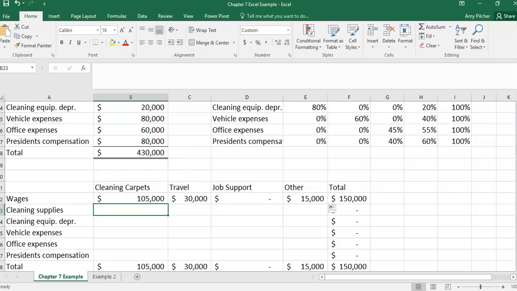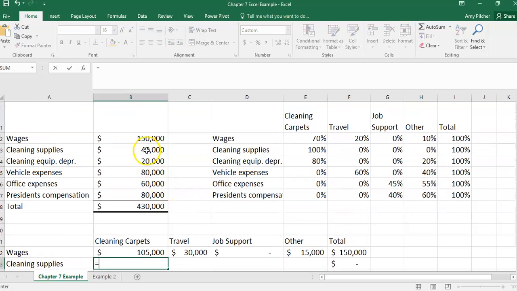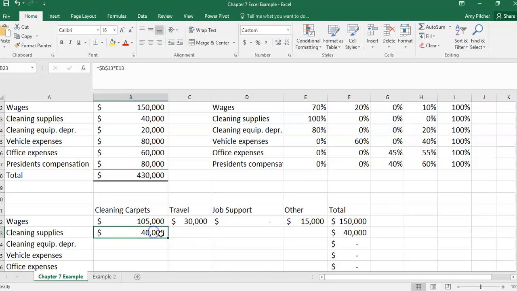So we'll do that with each one of these costs. So cleaning supplies times, we're going to lock that cell and then copy that formula across the line.